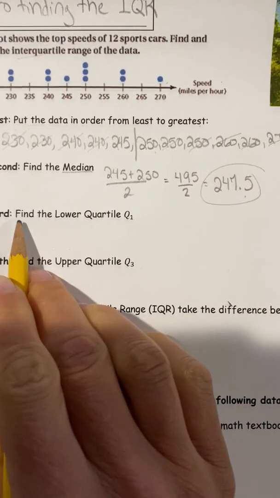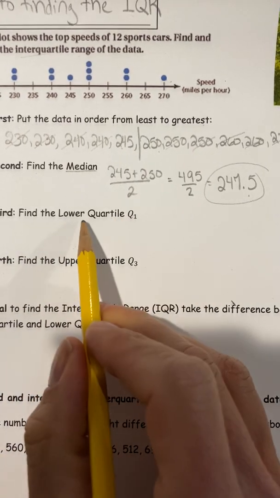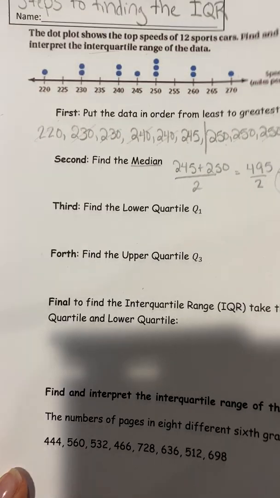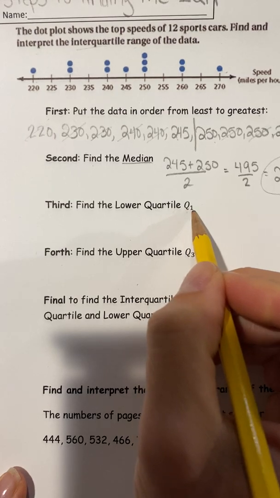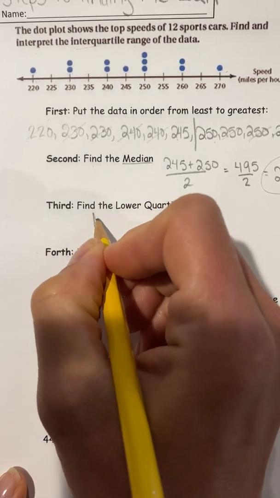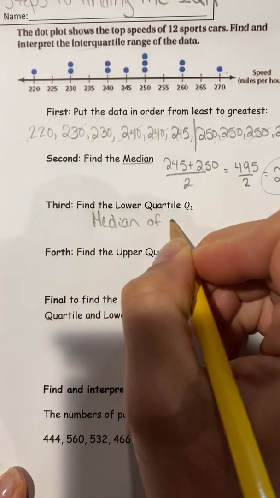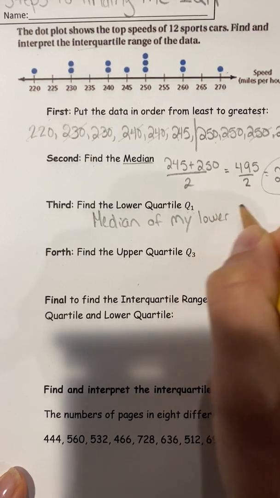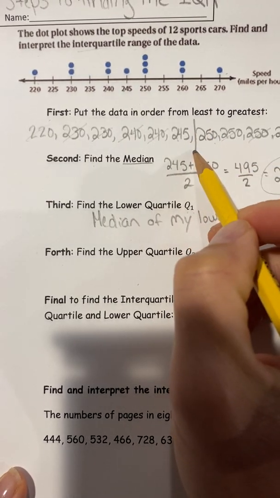My third step is to find the lower quartile. So that's new to us this week. The lower quartile is the median of the lower half. The lower quartile is also abbreviated by saying Q1. So here's the median of the whole thing.